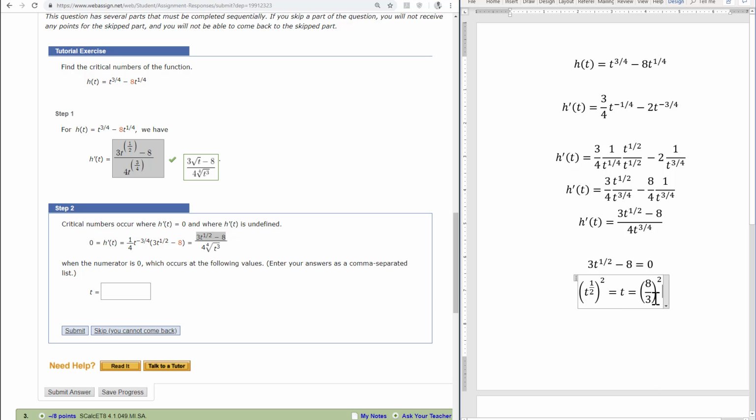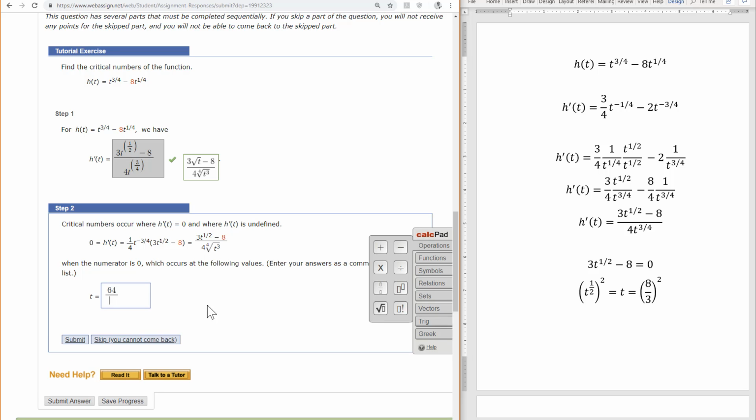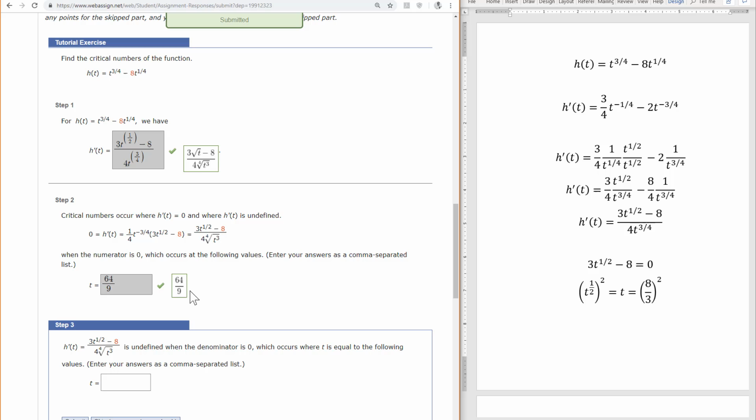And that would be 64 over 9. And that's the only time it's going to happen. So let's type in 64 over 9 and see if they take it. All right, so that's our one place where the numerator is equal to 0.